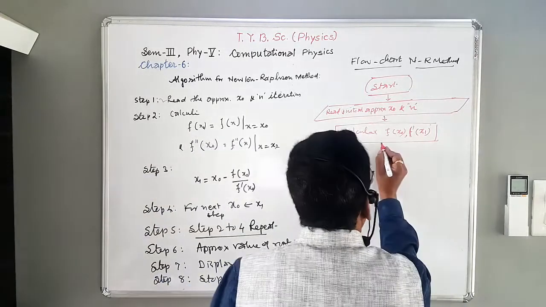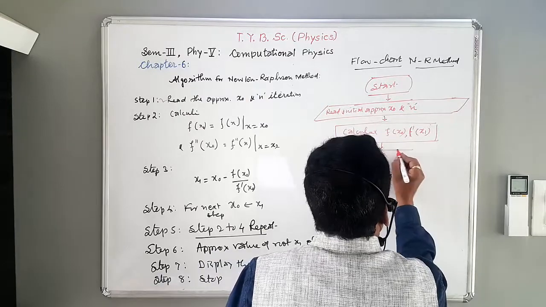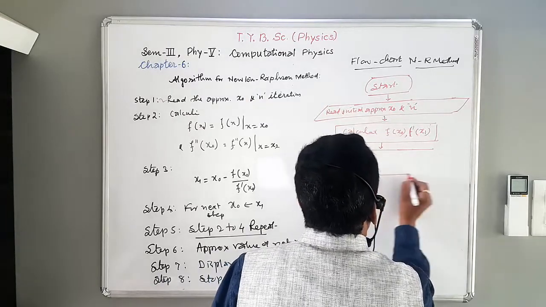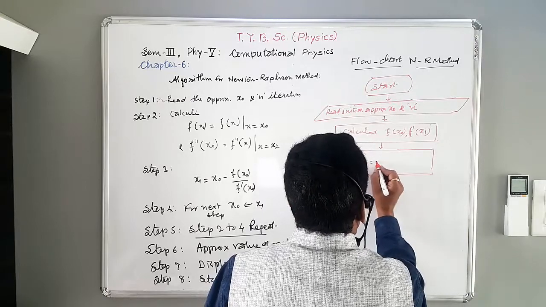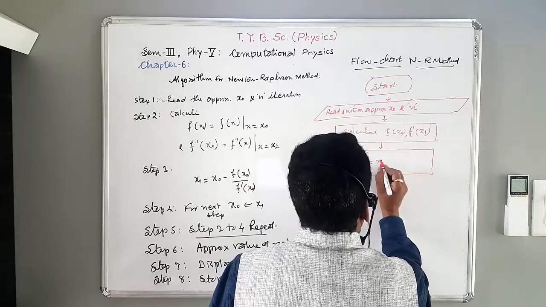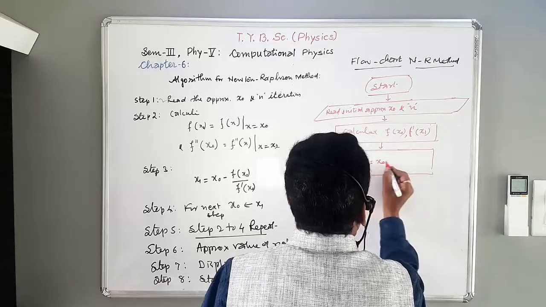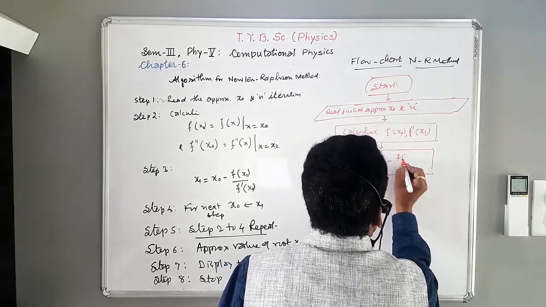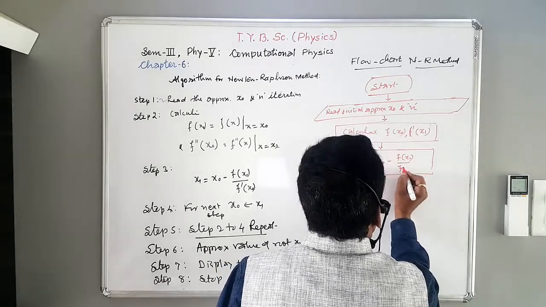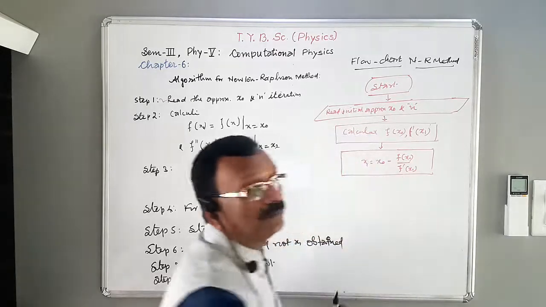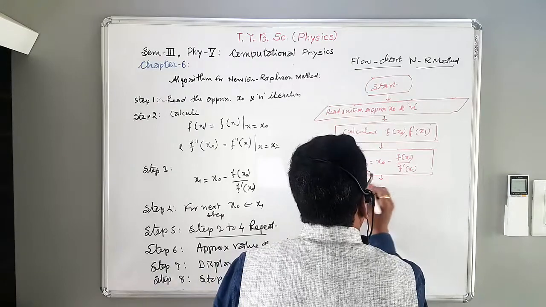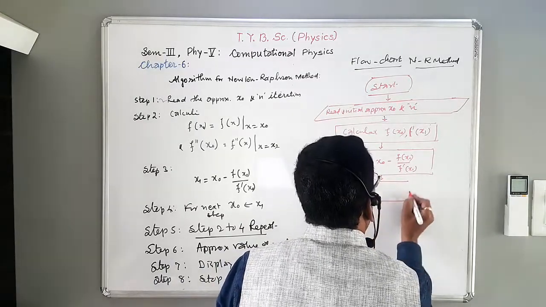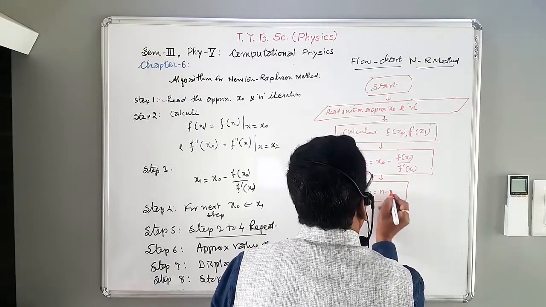And then in the third block, for graphical representation, calculate x1 is equal to x0 minus f of x0 upon f prime of x0. Then repeat the procedure for the next iteration, that is n is equal to n minus 1.